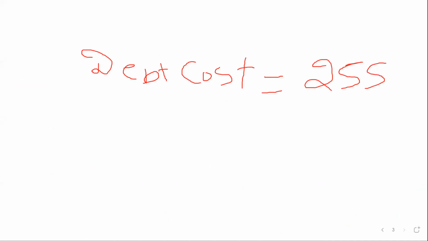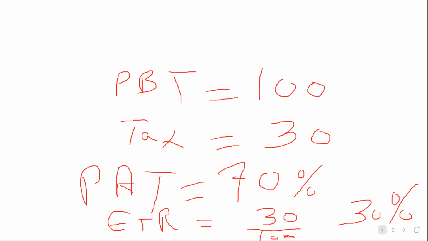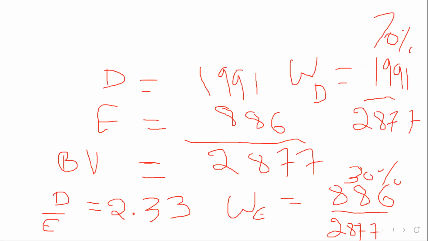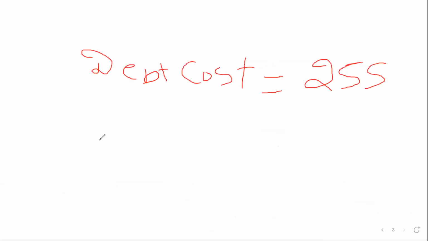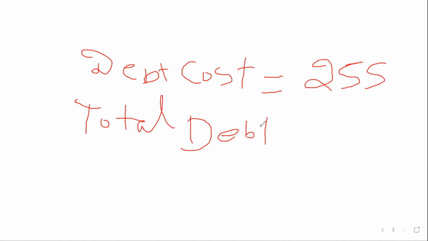And I just showed you before that the company's total debt is 1991. So I repeat this figure here: total debt is 1991. Basically it means that you have borrowed 1991, and you're paying 255 as debt servicing.